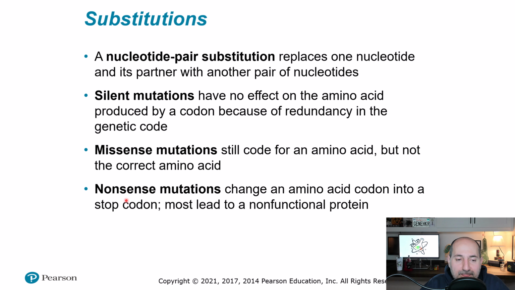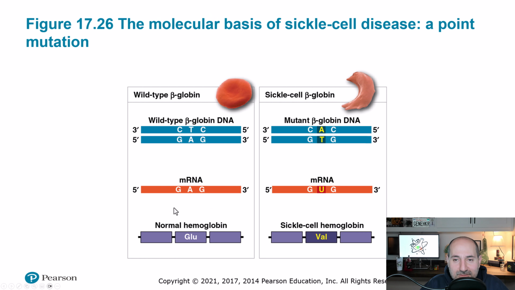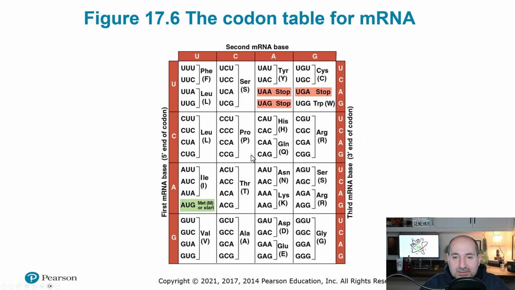So again, a nonsense mutation changes an amino acid codon into a stop codon. So let me give you an example here. All right, check this out. What if I have a codon, CAA? This is the normal codon in the gene, CAA, which codes for glutamic acid, or Q.